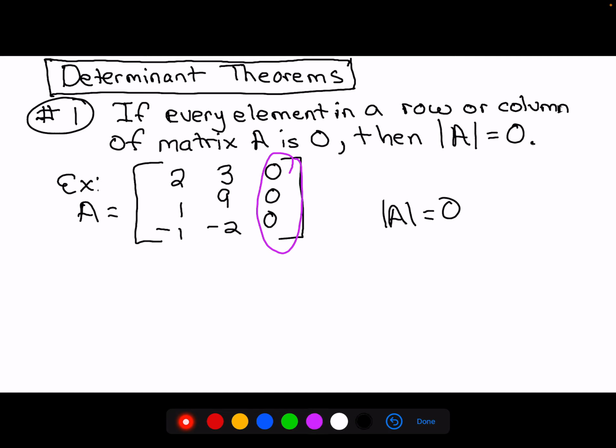No work needed. If you really wanted to do the work, you could, but think about it. Let's say you picked that third column to use when finding the determinant. Since all of column 3's elements are zeros, you're going to end up multiplying each step by 0, so it all comes out to 0.